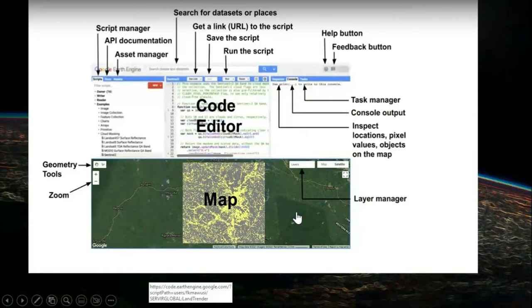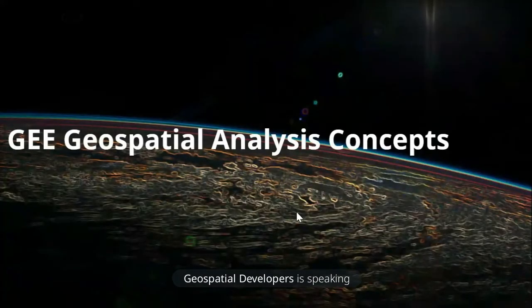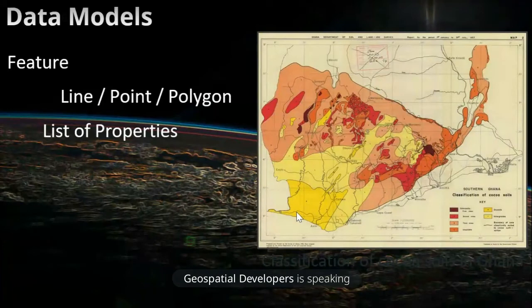Okay, so I want us to dive into the spatial analysis concepts a little bit, and we will come back to the interface. Let's go through some of the data models that we have.